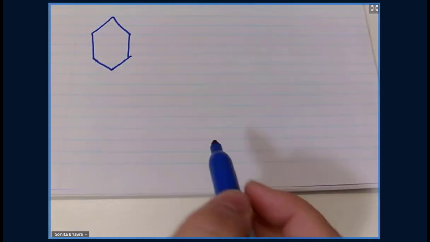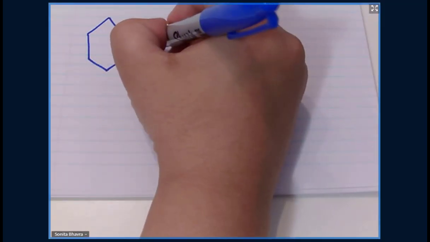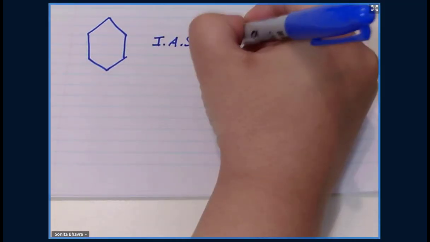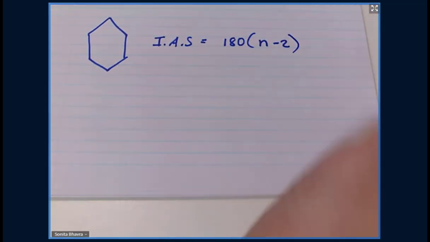All right, let's try another example. Let's look at this one here. I'm just going to do another quick sketch. 1, 2, 3, 4, 5, 6. So we have a 6-sided polygon here. We're going to use our formula method. IAS is equal to 180(n minus 2).